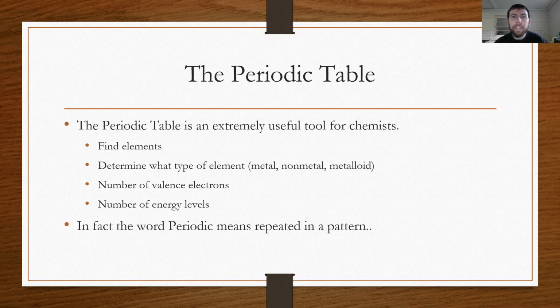And so as we begin to look at the periodic table, there should be some patterns that we're going to begin to notice that we should be able to unpack and use to help us better understand what's on the periodic table, right? So as we're going forward, I want you to think about what repeated patterns the periodic table is showing us with respect to the elements that are found on it.